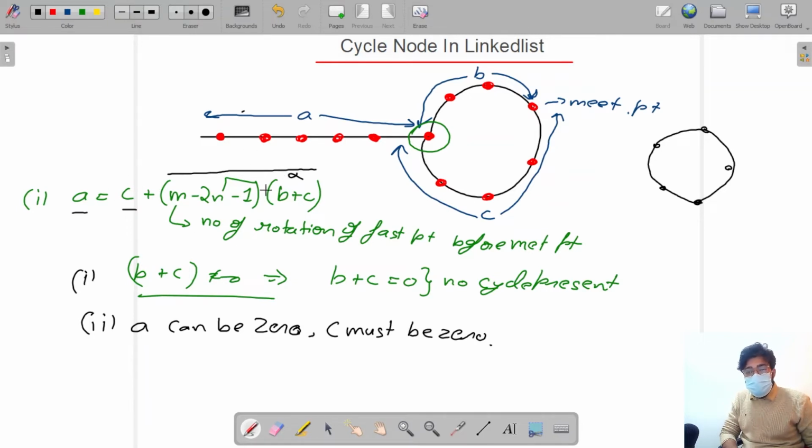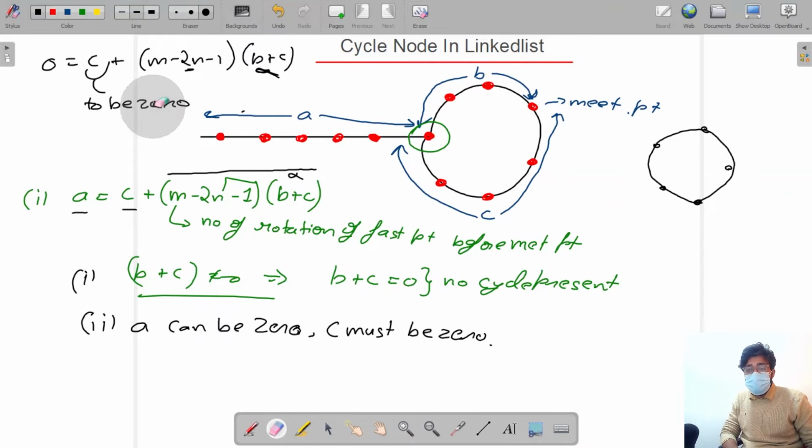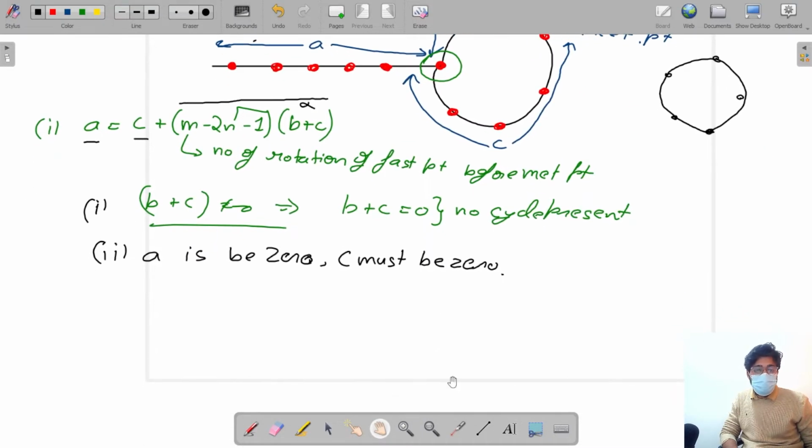So to make this equation come, 0 is equal to C plus (M minus 2N minus 1) times (B plus C). To make this equation 0, this cannot ever be 0, and even if this is 0, to make the equation 0 we need C to be 0. This is a necessity, right? So if A is 0, C must be 0.